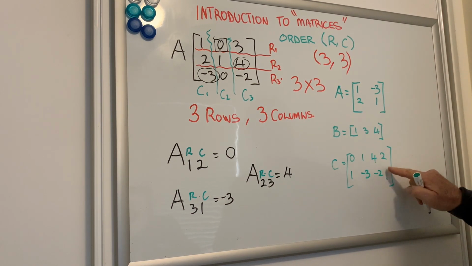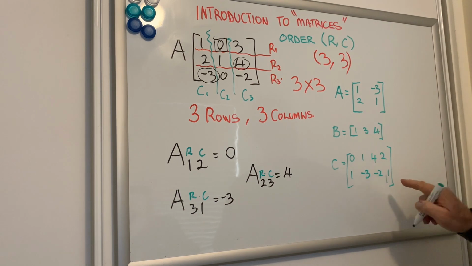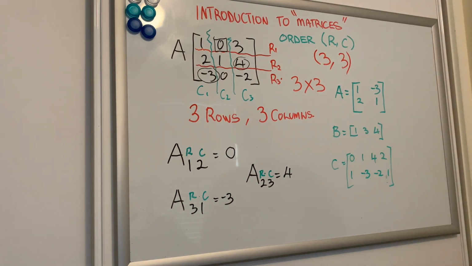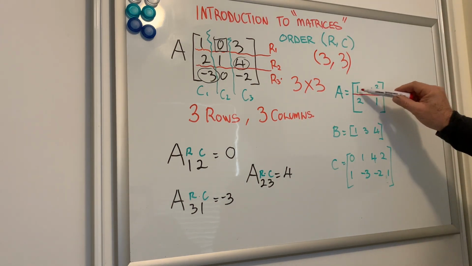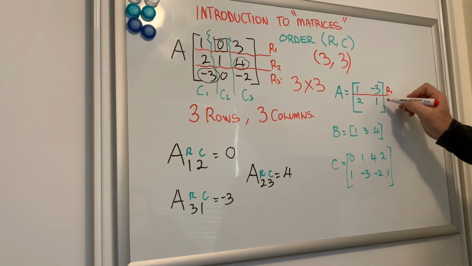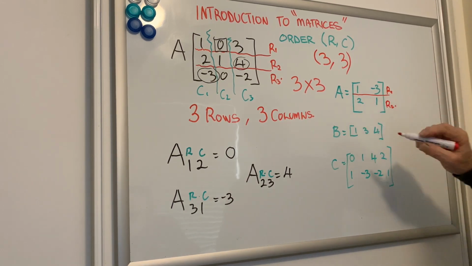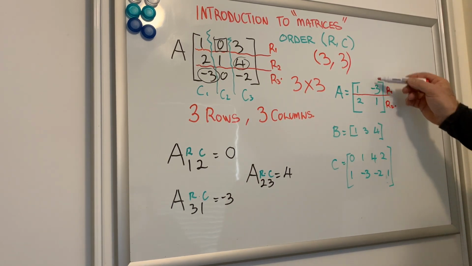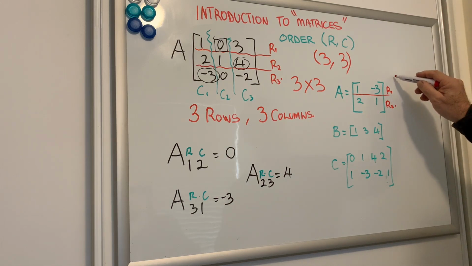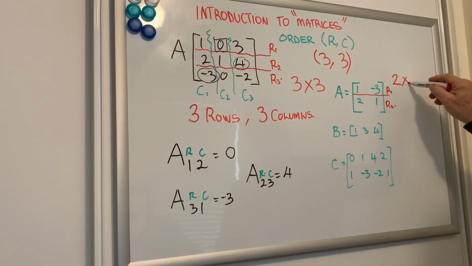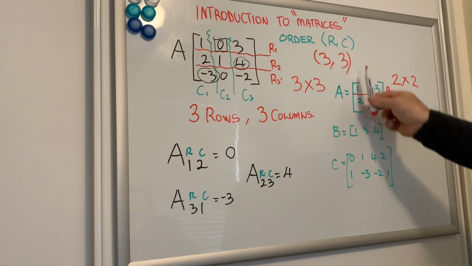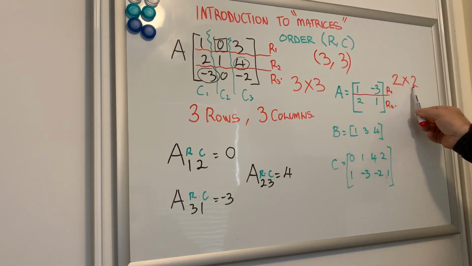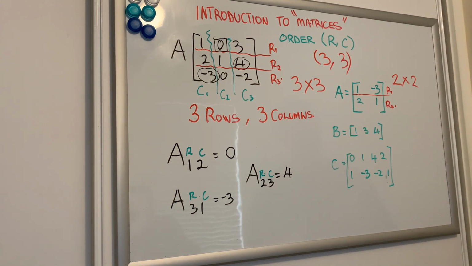If we have a look at the order of the last one, there's row 1 and row 2, and column 1, column 2. So it's actually 2 by 2. 2 rows and 2 columns. That's the matrix order there.